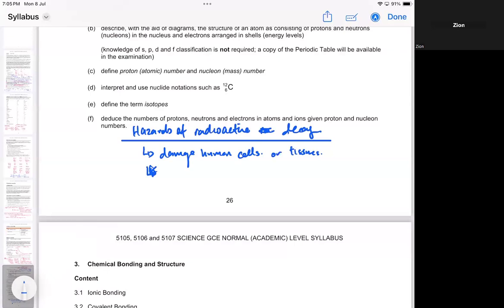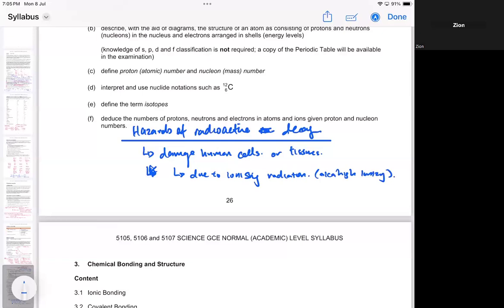I think in this case, the reason why this damage happens is due to ionizing radiation. When the radiation is very ionizing, that is, has high ionizing power, it is normally the one that will cause damage.